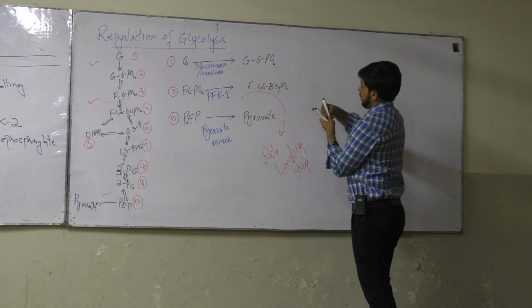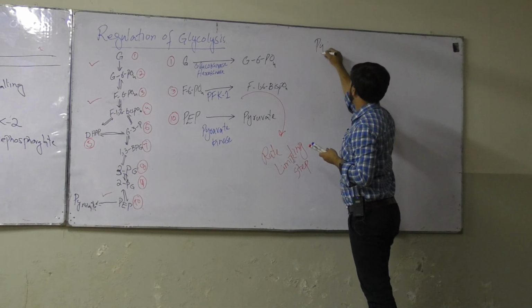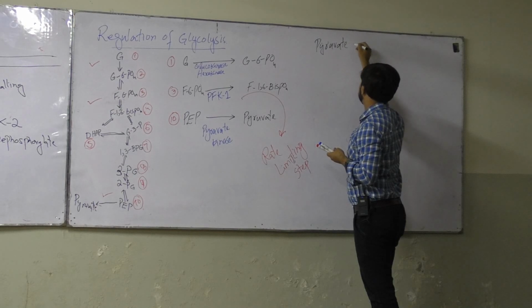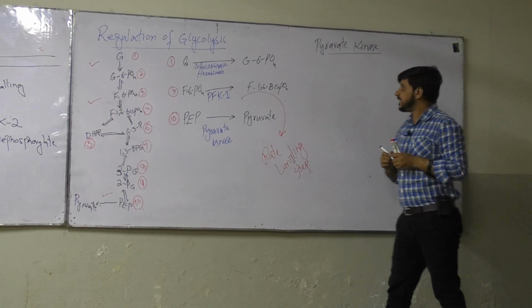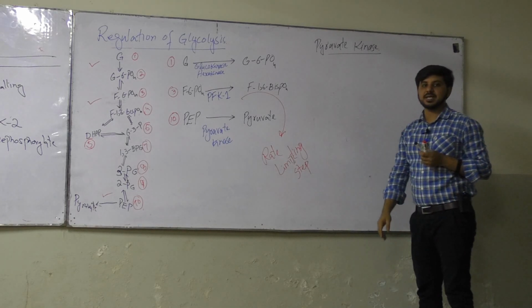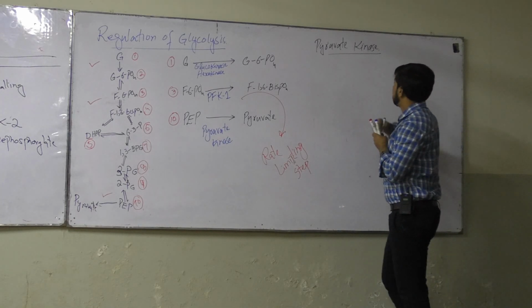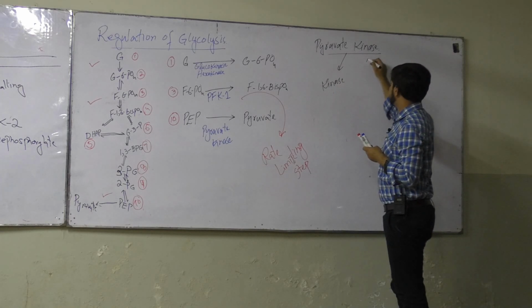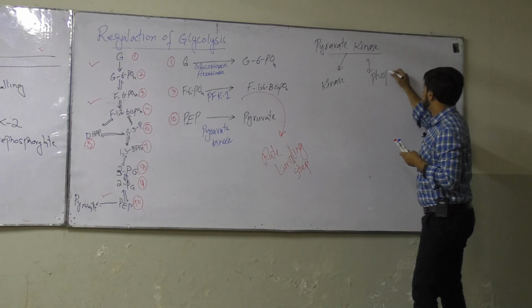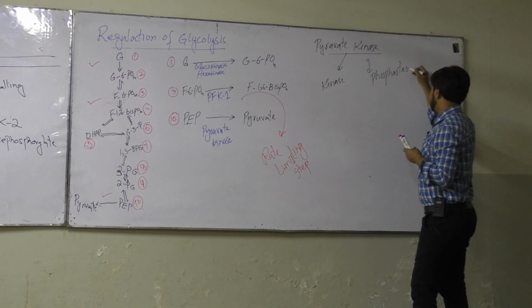Pyruvate kinase. Again, this enzyme also has two domains. Number one is the kinase domain and number two is the phosphatase domain.